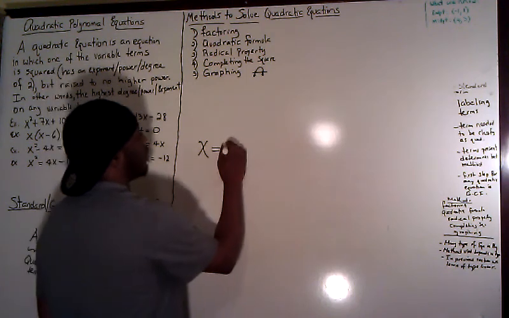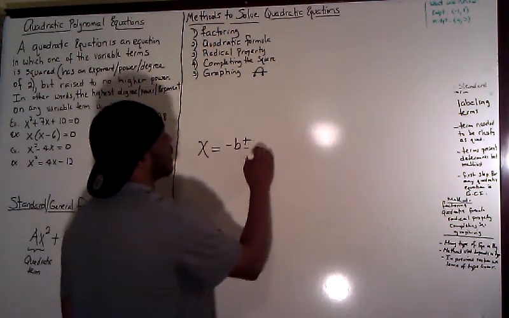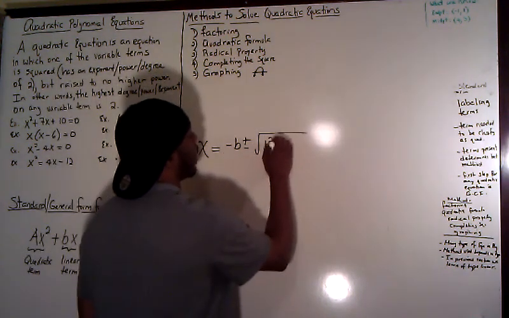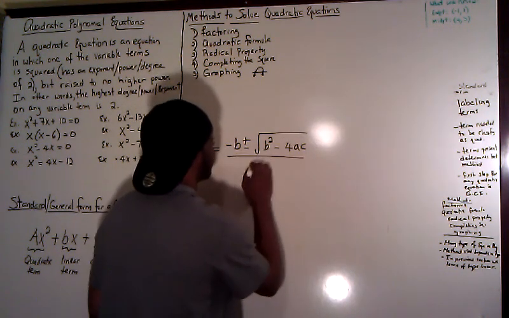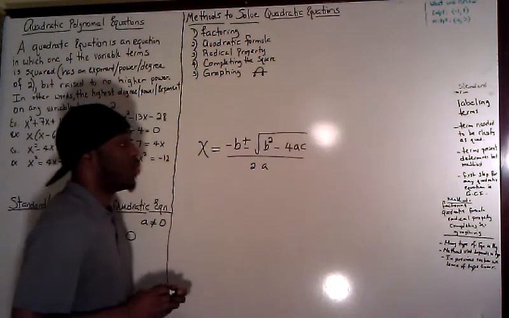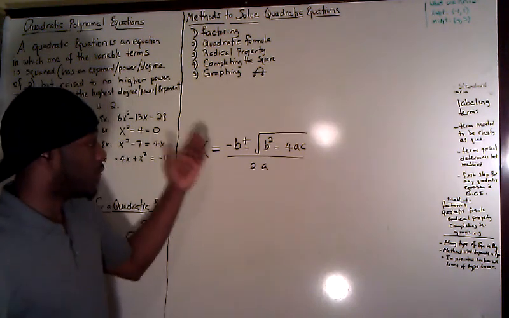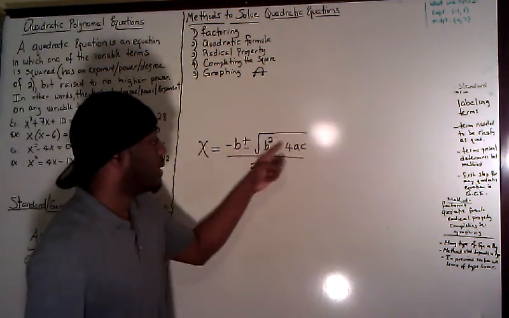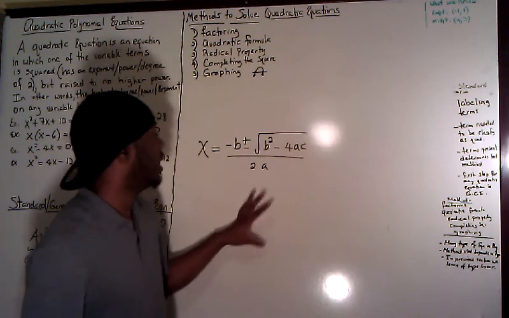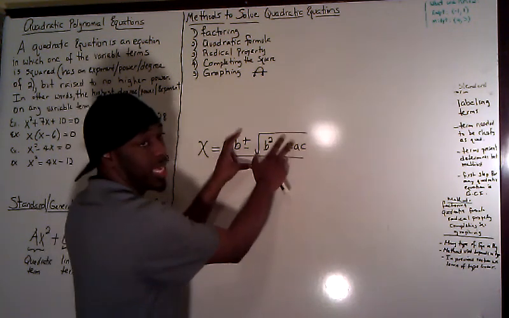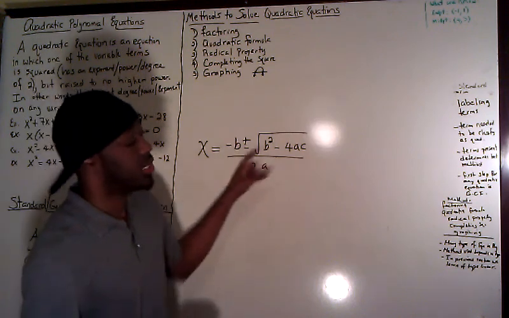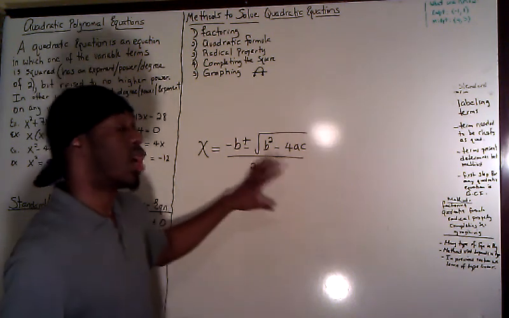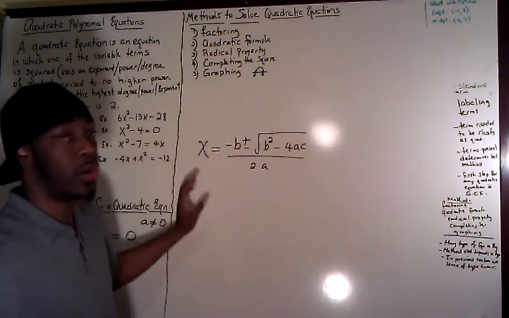So the quadratic formula is x equals minus b plus or minus the square root of b squared minus 4ac, all over 2a. So if we know the values of a, b, and c, it's just a matter of plugging into the formula. And once we plug those values in, we can solve for the value of our variable.